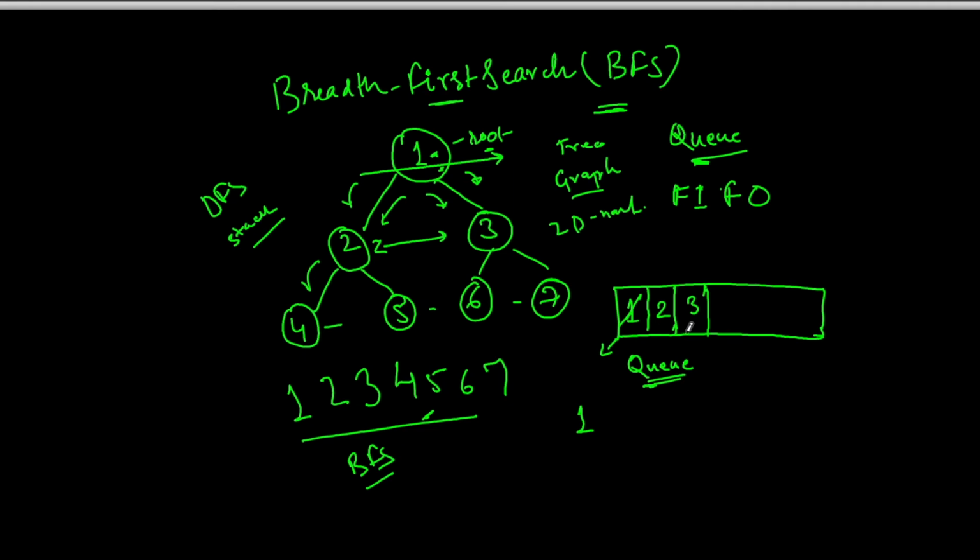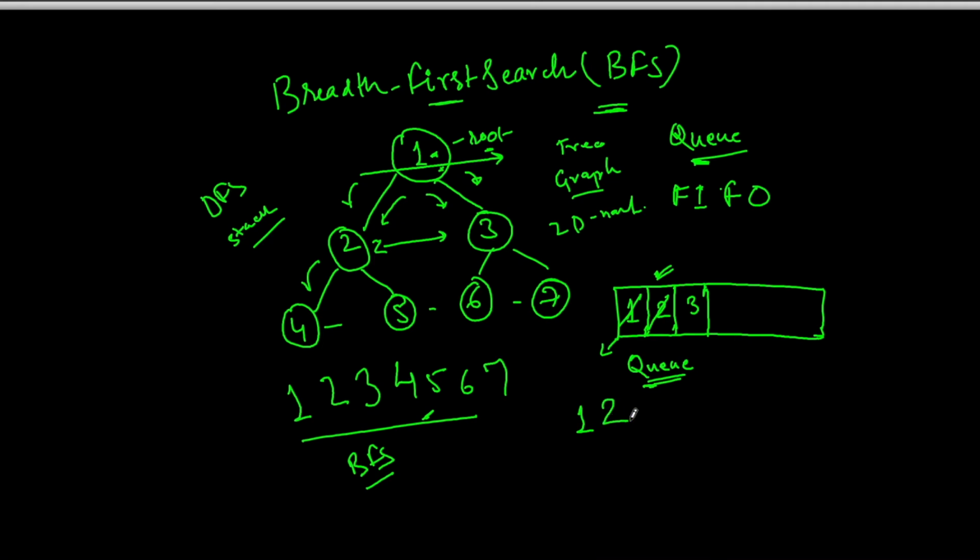Now, since we have added the children of 1, we are going to take out another node from the queue. When we take out the next node, it's going to be 2.